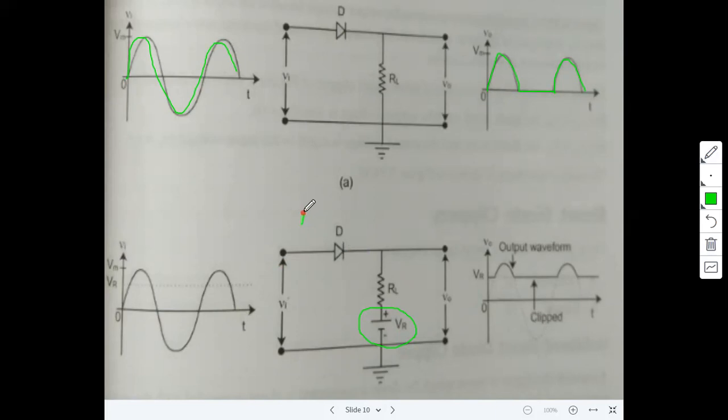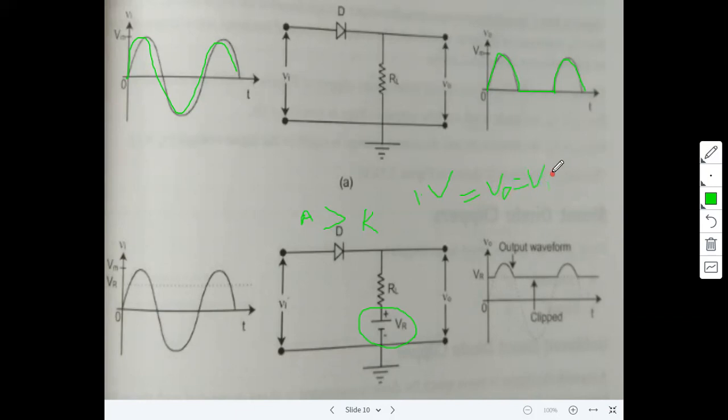Always remember the anode voltage and cathode voltage. When the anode voltage is greater than the cathode voltage, only then is the diode on. In a series clipper circuit, remember this important point: only when the diode is on does the output follow the input. Then only V0 is equal to Vi.